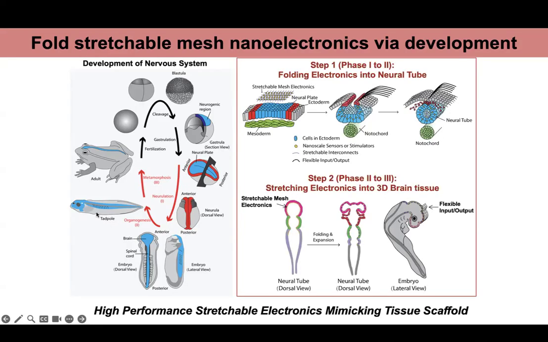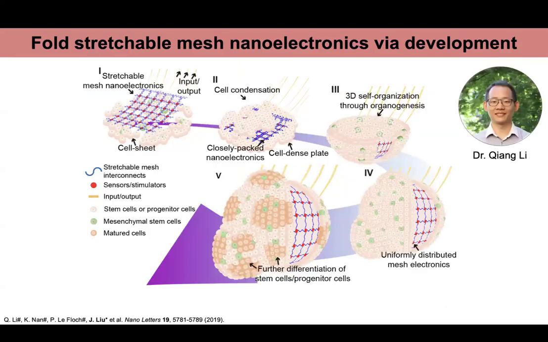So we are thinking that in addition to fabricating flexible electronics, we can fabricate highly stretchable mesh-like electronics and integrate them with the neural plate. The neural plate folding into the neural tube could help us internalize the electronics into the brain, and with further growth and folding, it can help us distribute the sensors across the 3D brain through this minimally invasive process.